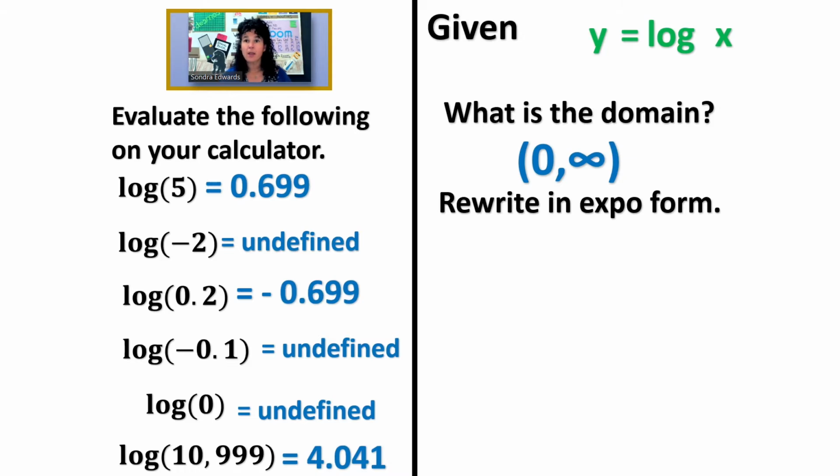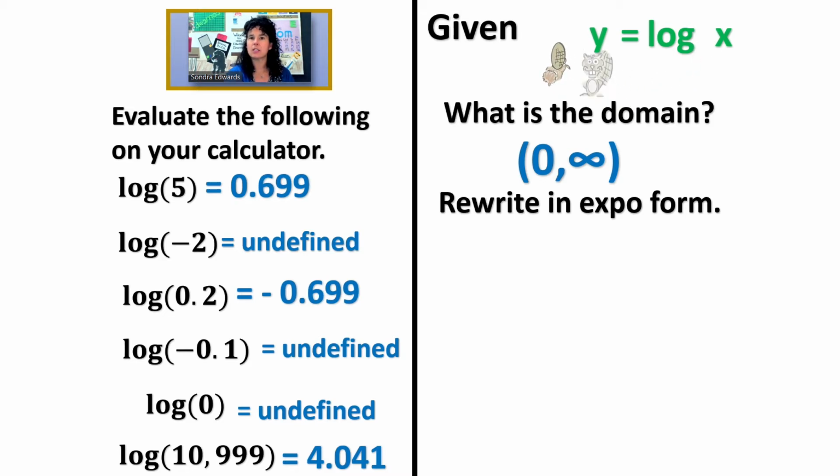We went over changing from log form to exponential form in the last lesson, and I use the beaver method here that I made up. When we don't see the base, we know the base, first of all, is 10, and that beaver tunnels under.